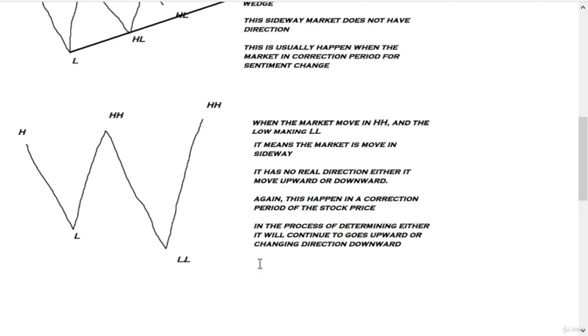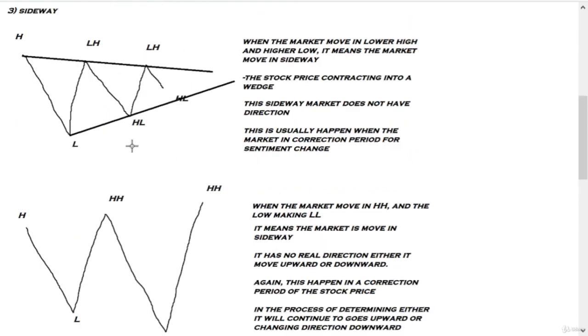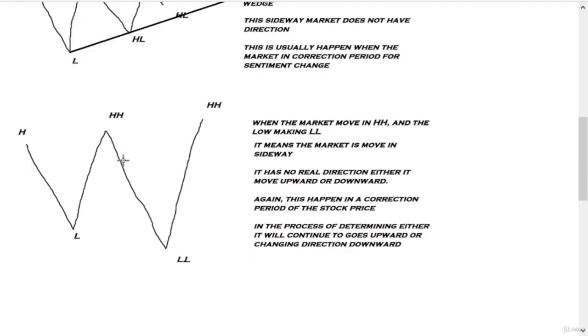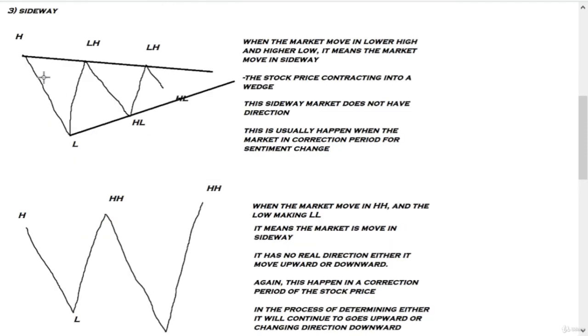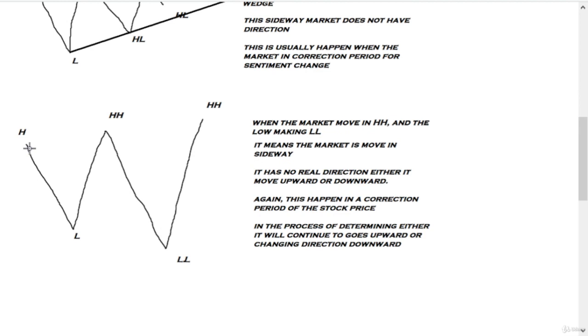So this is what we call a sideway market. As you can see, the difference between these two sideway markets is that the first one is contracting, and the second one is diverging.